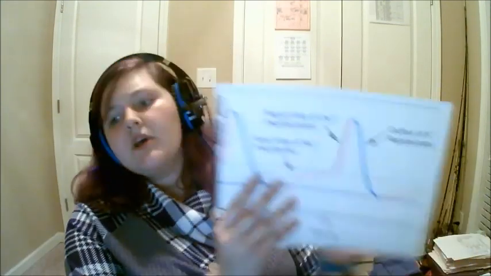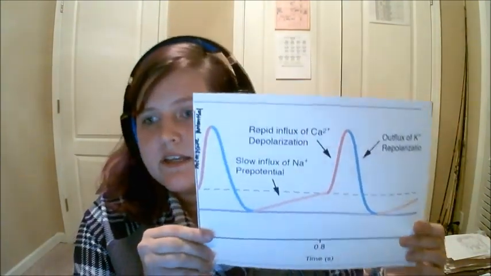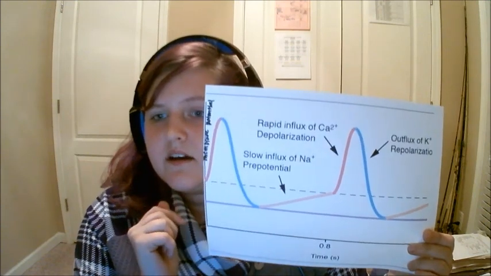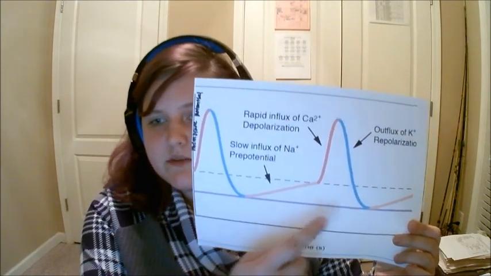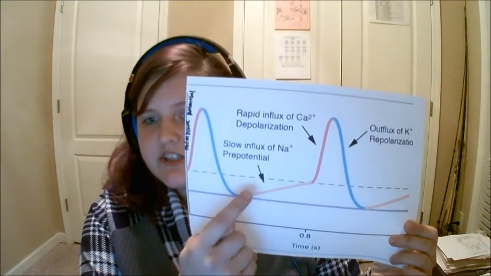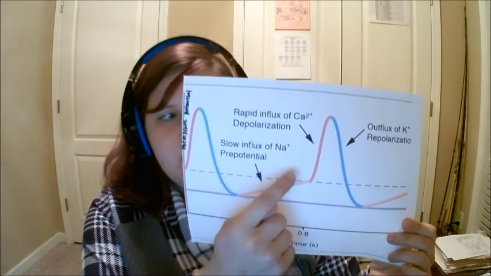So again, I have a little chart to help with explaining how this works. On this chart, we can see that the slow influx of sodium starts to cause a slight change in the membrane potential, so it starts to go up.